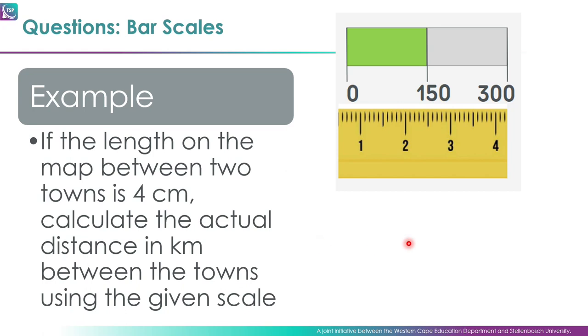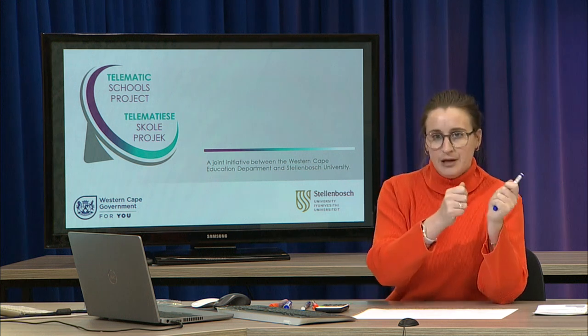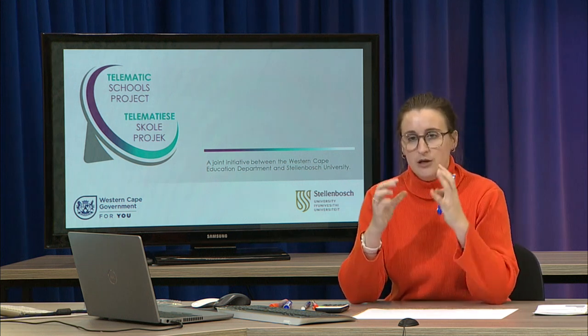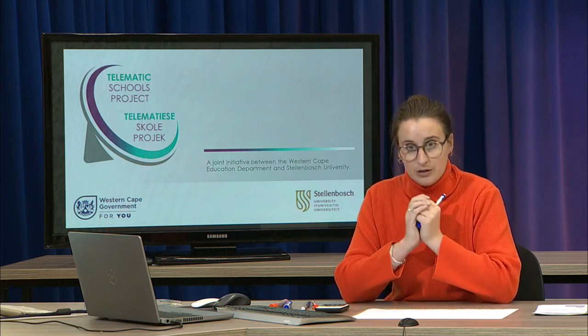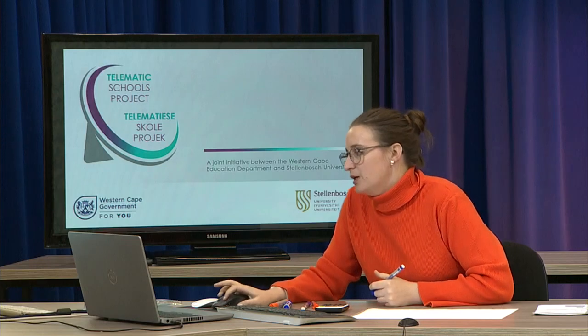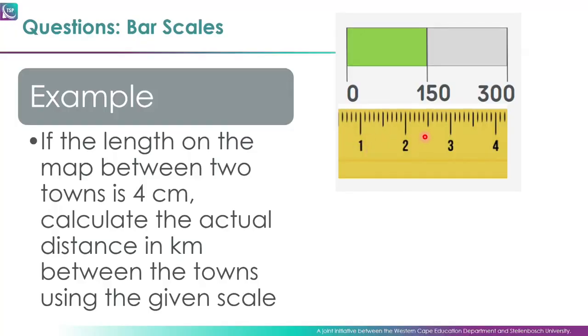Now, remember what we said. When we have a bar scale, we can't just write down the scale and go. We have to first take our ruler, measure the bar scale, figure out what it means, and then we can do our calculation. So, if I look at this bar scale that's given, I can see here that 2.5 centimeters on my map or on my plan is going to be the same as 150 kilometers in real life.